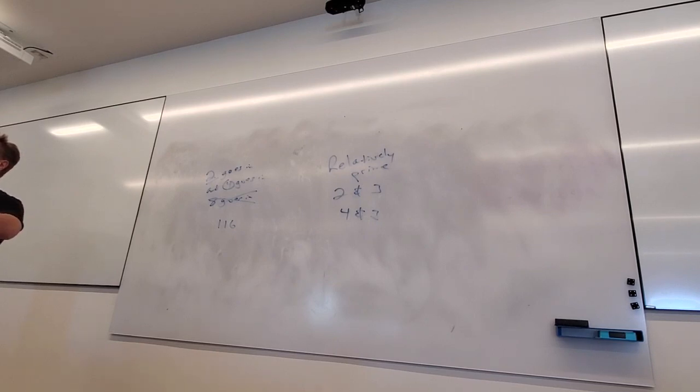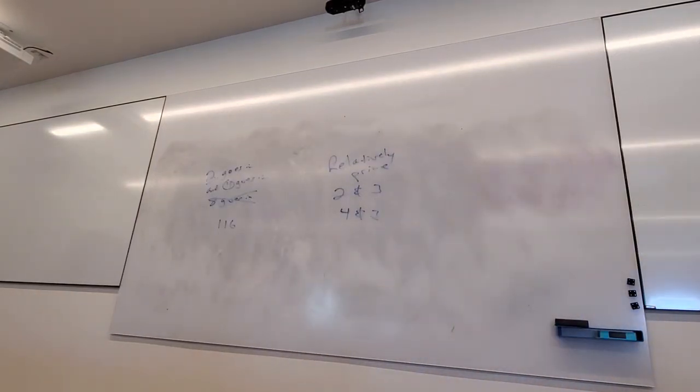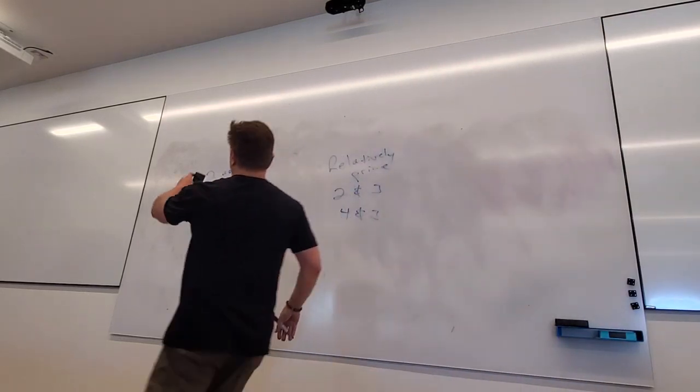So 7 has a rule. It's exceptionally weird. And I don't think this book does 7. I know it does 11, but I don't think it does 7. Okay, teach us 7. I have to look it up. I can't remember.